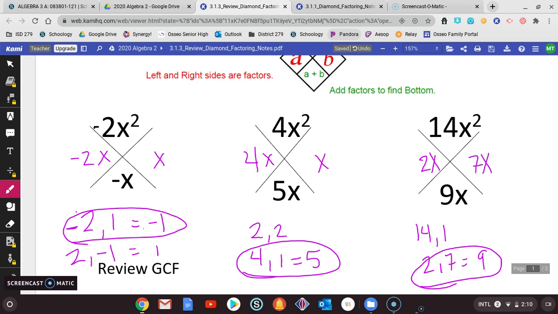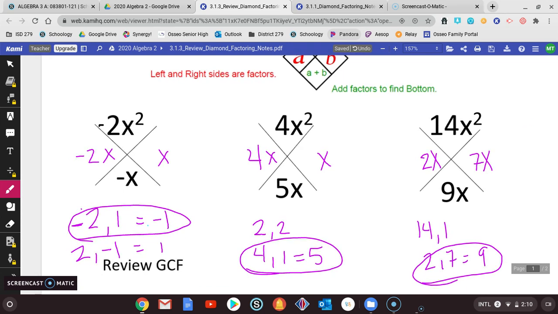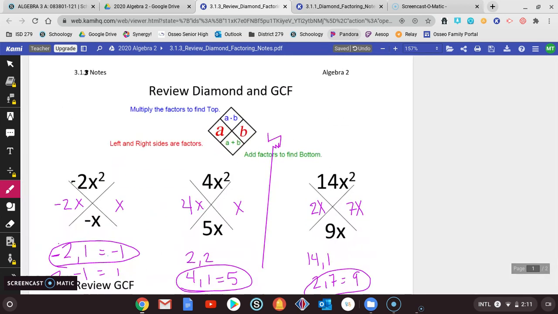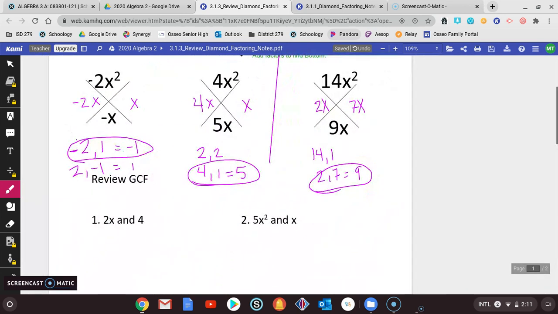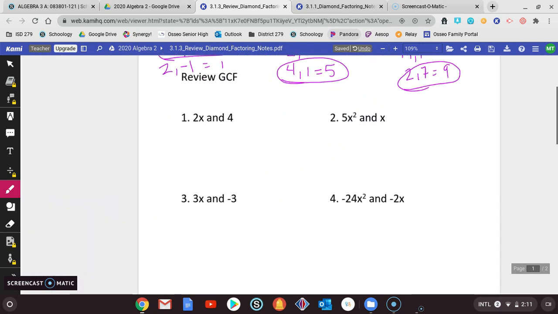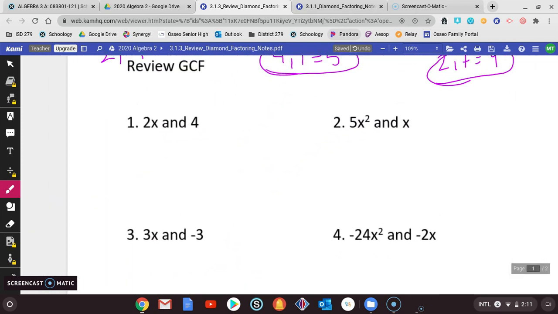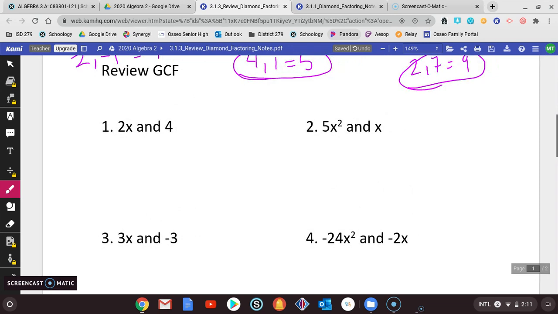Okay, so 2 and 7 equal 9. 2 times 7 equals 14. So you know that your two sides are 2x and 7x. So that is the review of diamonds. Hopefully we're getting it a little bit. If not, go back and watch the other video.